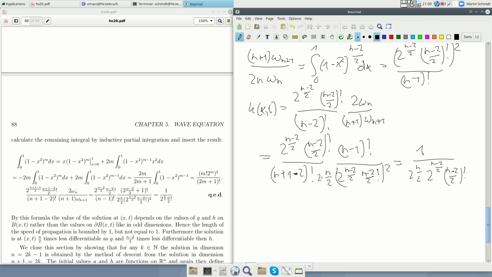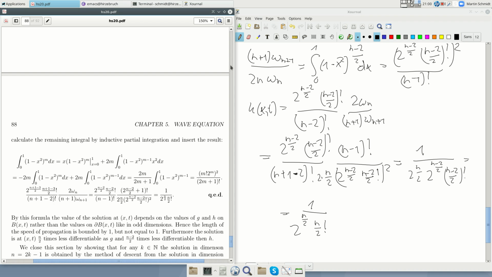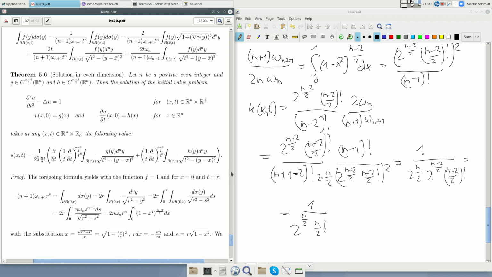Now n half times n minus 2 half faculty is of course n half faculty. n is even, and here we have an extra factor, so this is the same as 2 n half and n half faculty. So in this way we indeed cover this factor here.